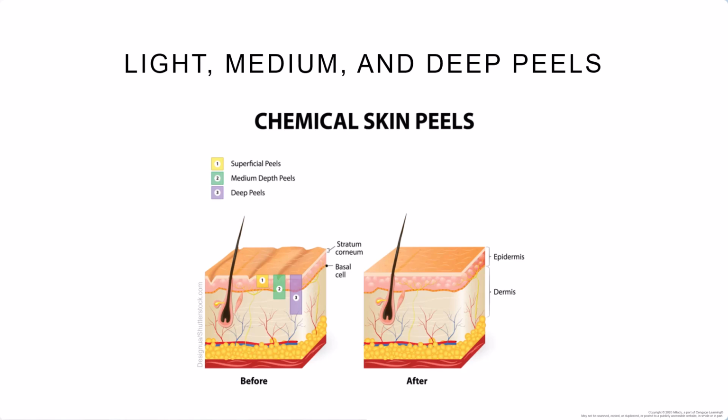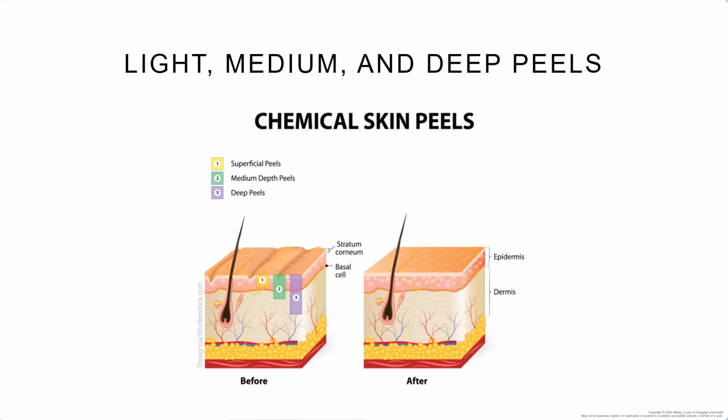Chemical exfoliation can be used in place of the word peel, just so you know there is a difference between the medium and the deeper clinical peels, since the superficial peels typically aren't going to actually cause the skin to peel. And the medium and deeper peels are going to be administered by physicians. They penetrate deeper into the dermal layer.